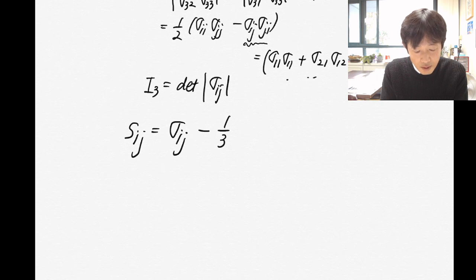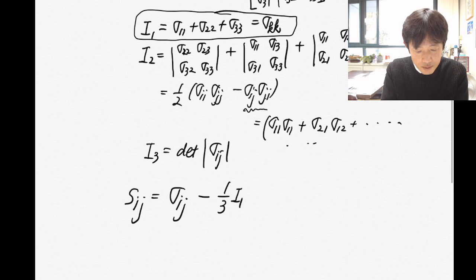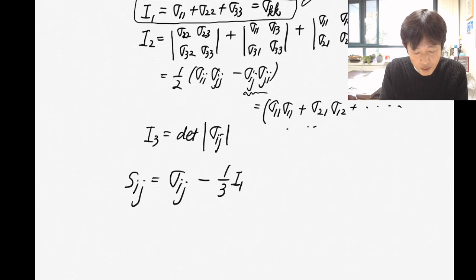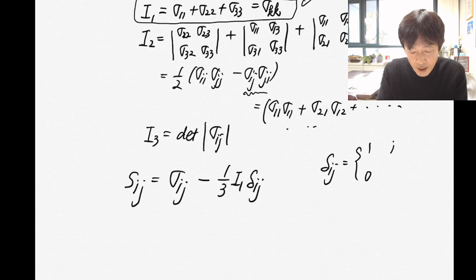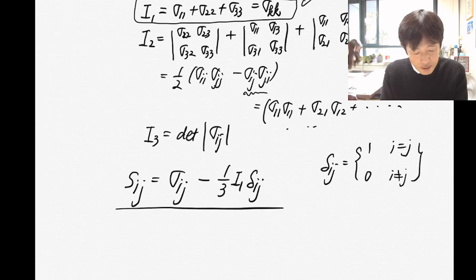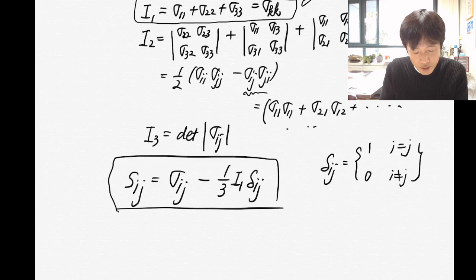Sigma v is a third of the trace, the sum over the diagonal terms, which can be given by I1, the first invariant, divided by 3, times delta ij. Here delta ij means 1 or 0: if i is equal to j, it is equal to 1, and if it is not the same, it is equal to 0. This is called deviatoric stress.